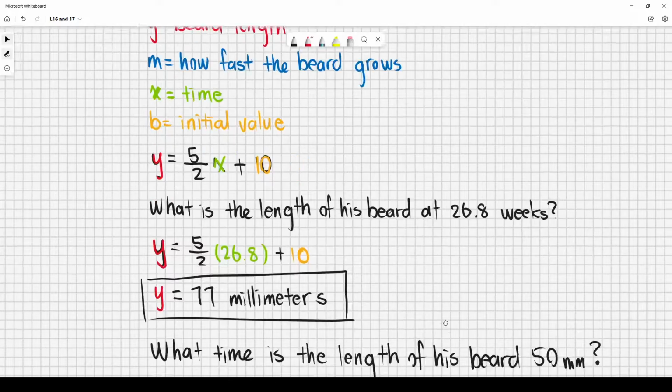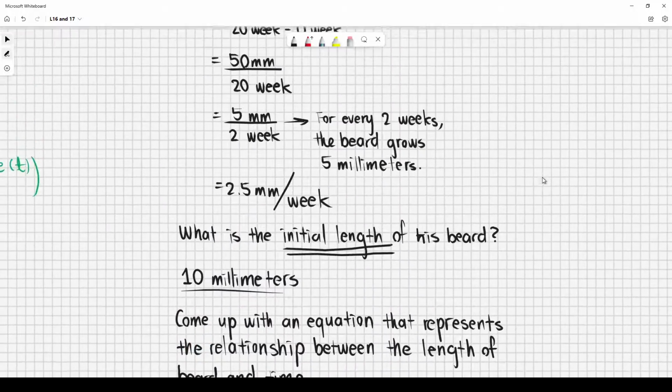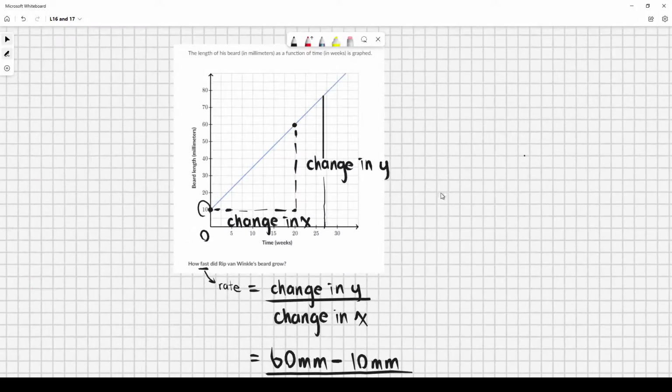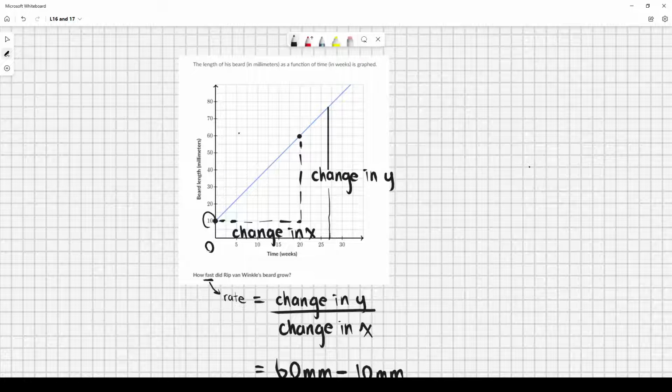So before you get started, let me just go back to the graph. So at 50 millimeters, at this point over here, at some certain time, we actually don't know what the time is here, but at a certain time, the beard is at 50 millimeters, and I want you to find this time for me.